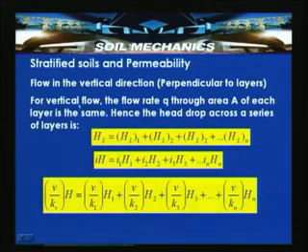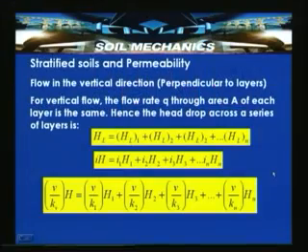So, when this particular condition arises for a vertical flow, the flow rate Q is through area A. The flow is occurring in the vertical, say upward, direction. The area over which the flow is occurring, say A, is the same for each layer. So, the head drop occurs over a series. This head drop across a series of layers can be said as HL is equal to head loss in the first layer, head loss in the second layer, head loss in the third layer.